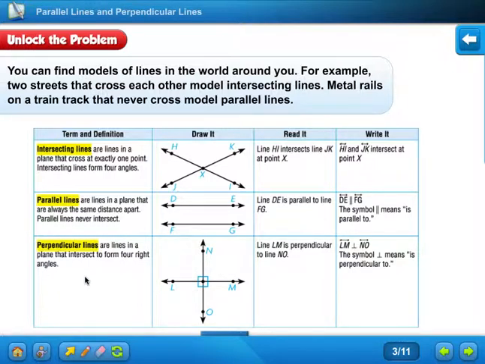I think of it as they're perfect. They're going to be perfectly perpendicular. Kind of like Mrs. Right with the right angles. She's always right. So these are perpendicular, very perfect lines.